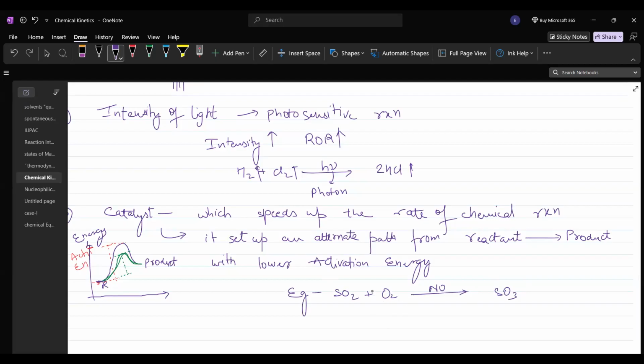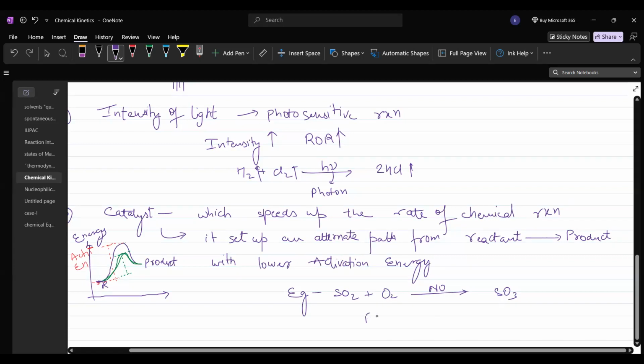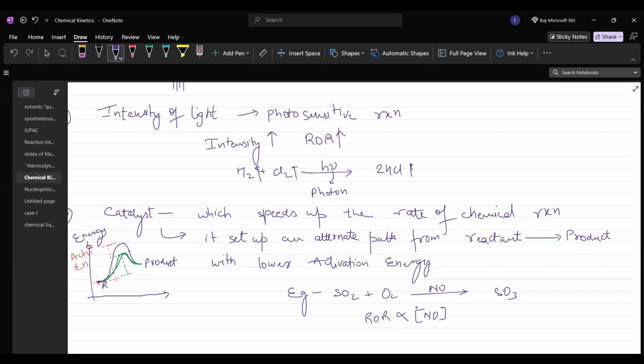NO is there in the reactant side. However, it is not a part of the product. And here ROR is directly proportional to concentration of NO. So we can comment that yes, catalyst affects the rate of reaction.